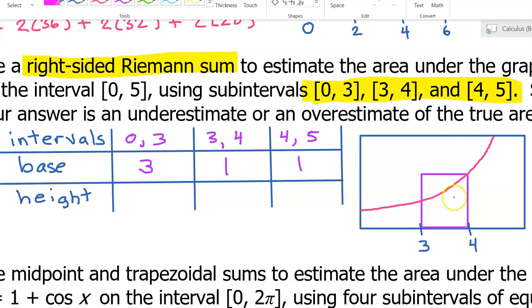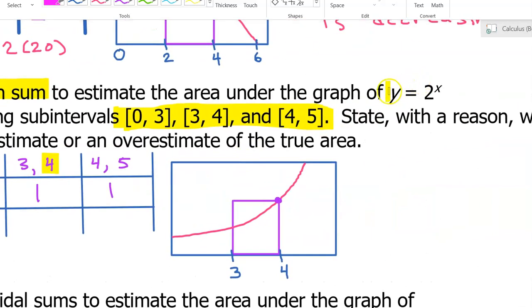What's the height of this rectangle? The height of this rectangle will be the value of the function based on the right-hand side. So the right side of this interval is at an x value of 4. So we will use that x value, and we will use the function y equals 2 to the x power to calculate the height of the rectangle.